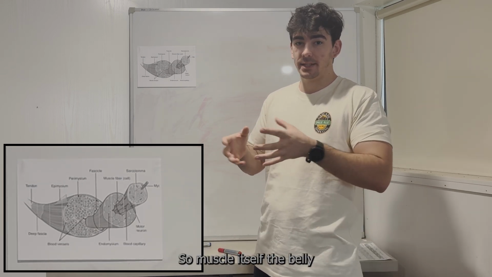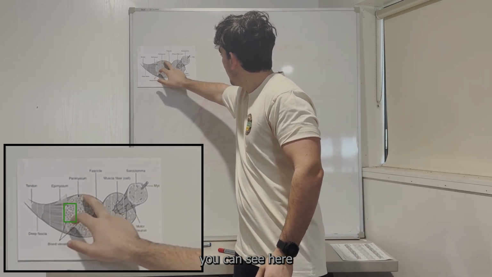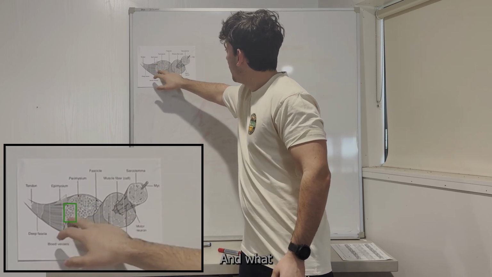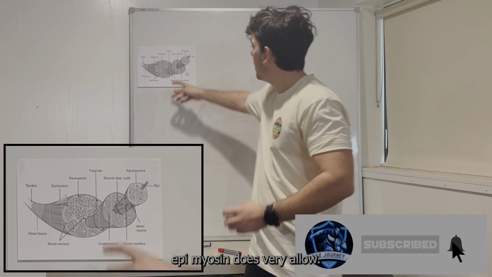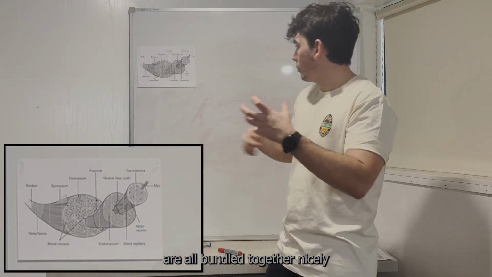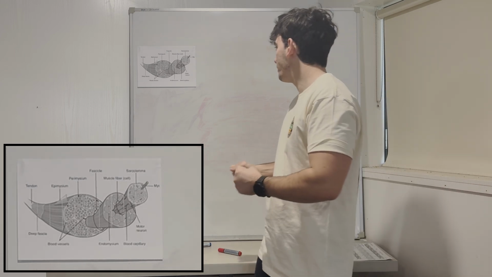So muscle itself, the belly, you can see here, these are fascicles. And what epimysium does, the very outer layer, it has a role in making sure these fascicles are all bundled together nicely in what we call a muscle.